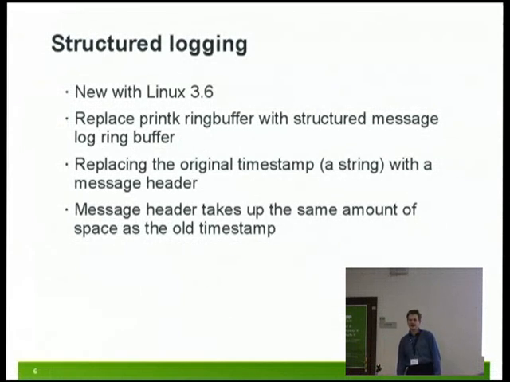So it's not a plain string buffer anymore, but rather it has a fixed format with a binary header on top telling you what the message was, what it belongs to, and so on. The main trick here was that he removed the old timestamp, which was a string inserted in front of the message, and replaced it with a binary header, inserting the timestamp as a binary value. All the space he saved by using this binary value, he could reuse for something else.